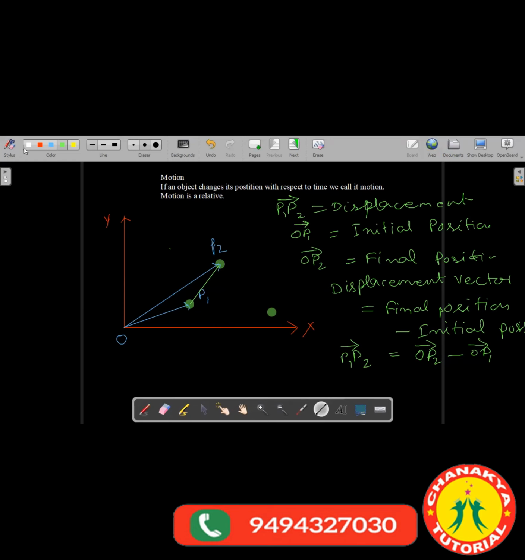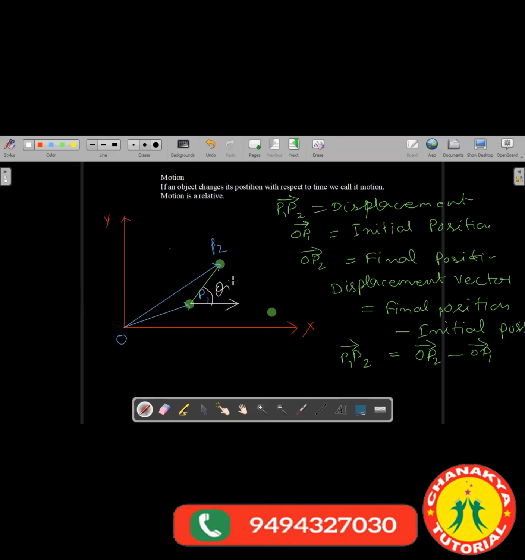You can say that the displacement is making a certain angle theta with the x-axis. So in this way, I will specify the displacement.